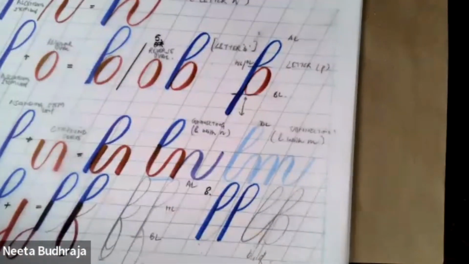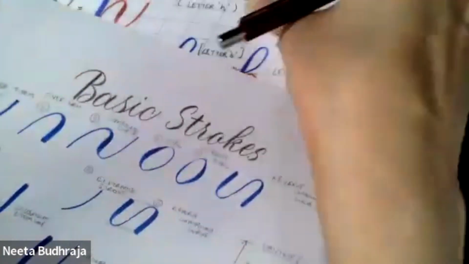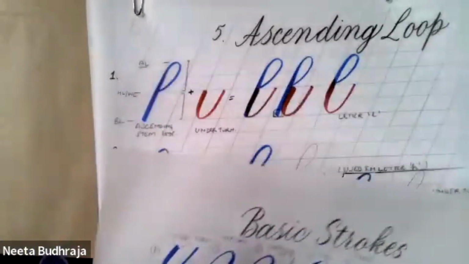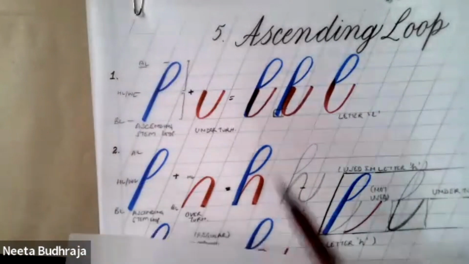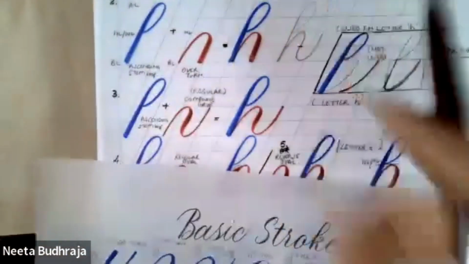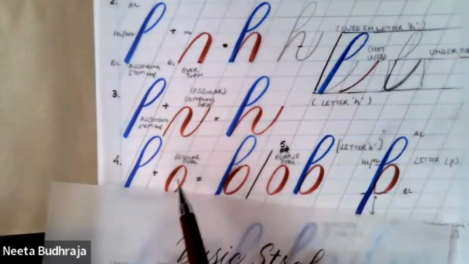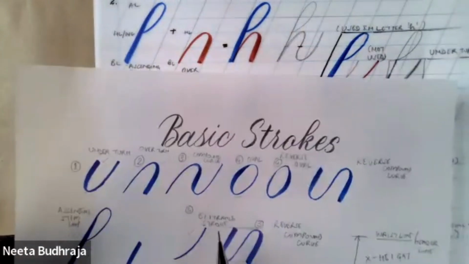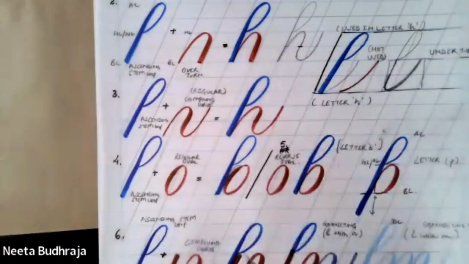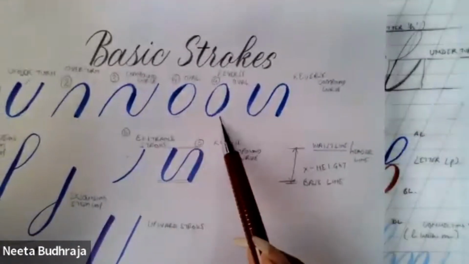And we have seen all the scenarios here. Like we have seen how ascending stem loop and underturn, ascending stem loop with our overturn. And then we have seen our ascending stem loop with our compound curve, and then with our oval and reverse oval.